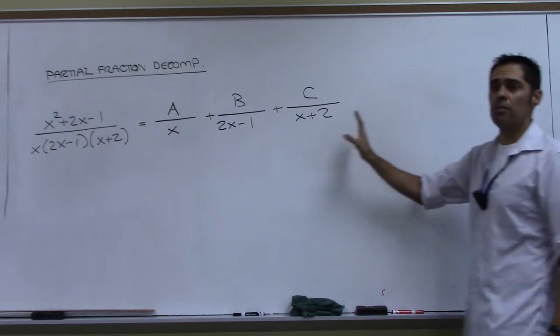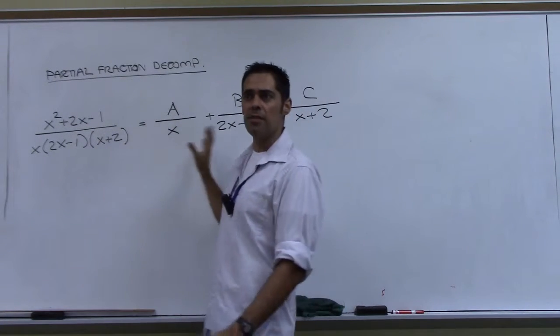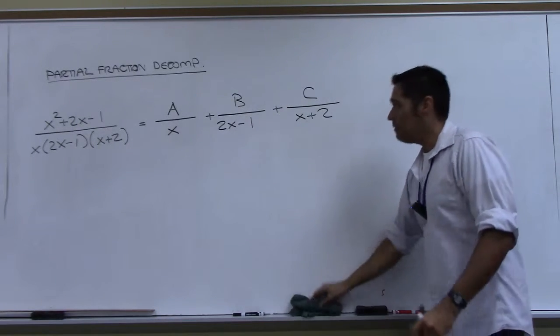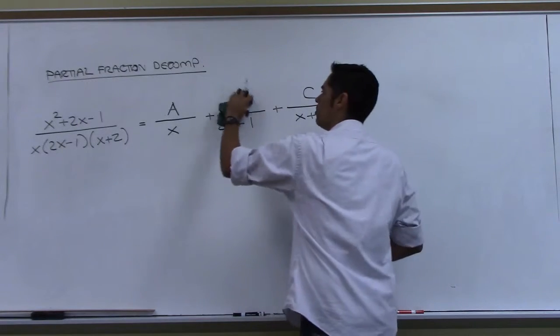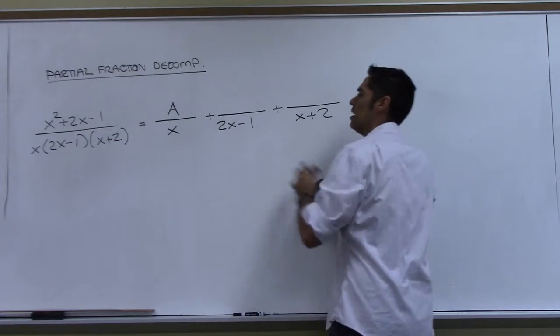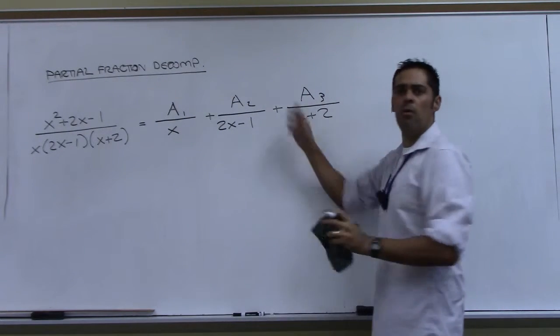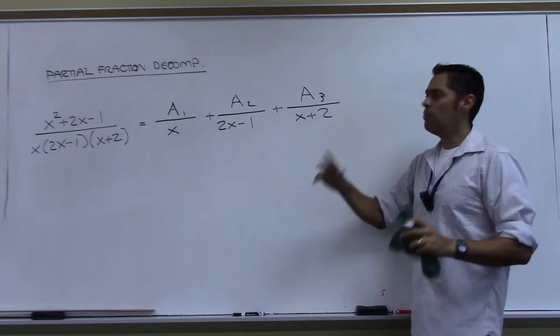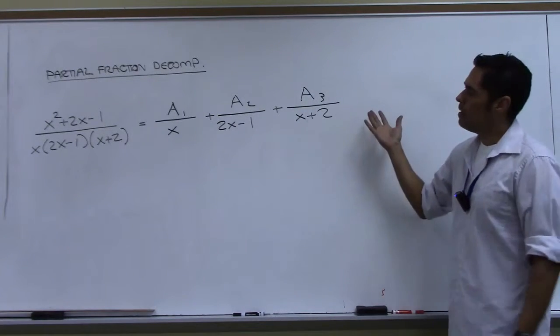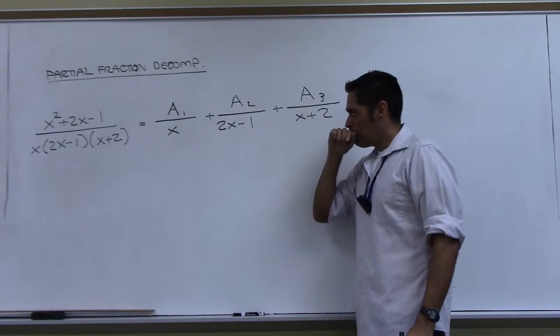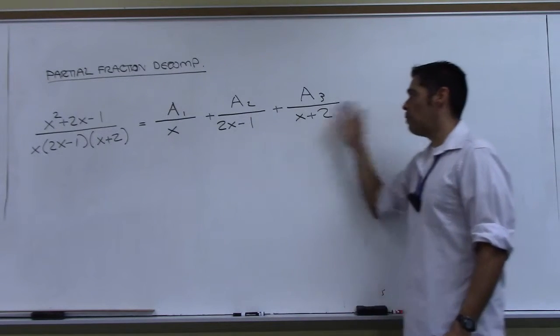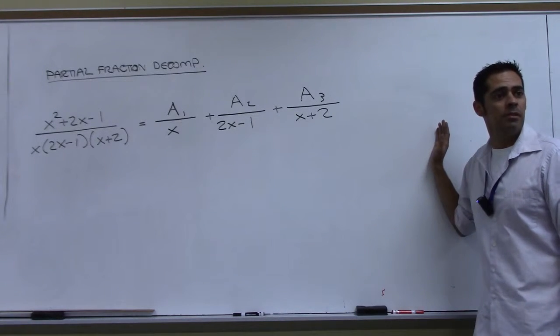Show of hands, how many of you this rings a bell? I mean, like, you remember seeing this at some point? You may have, your instructor may have used, instead of A, B, C, A1, A2, A3. Anyone's instructor use A1, A2, A3? Okay, sometimes we use that because, well, what if you had 400 linear factors?